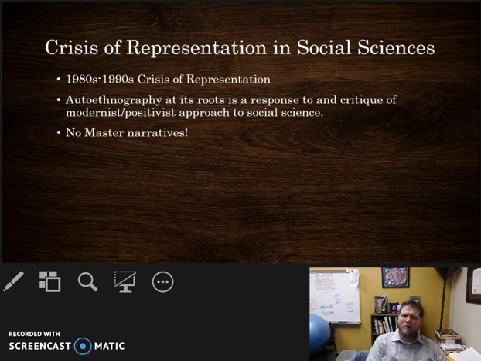And these social science researchers said, really all we're doing is creating a story that only includes some voices and excludes others. And so the crisis of representation says, we don't want to contribute to the master narrative. We want to learn about and engage humans, but we do not want to just lump it all together into one master narrative.